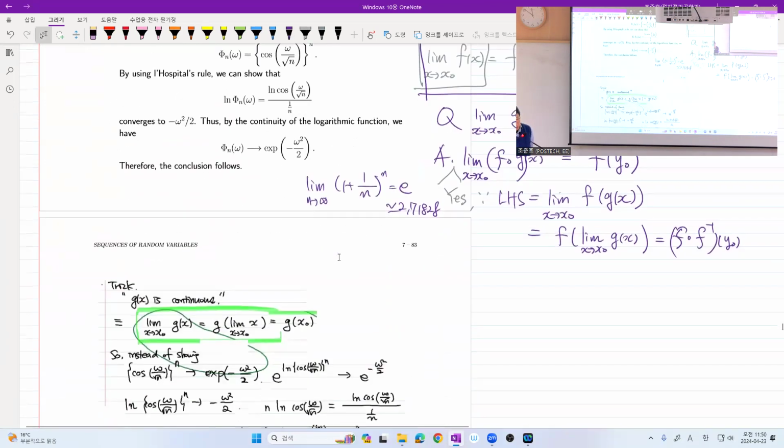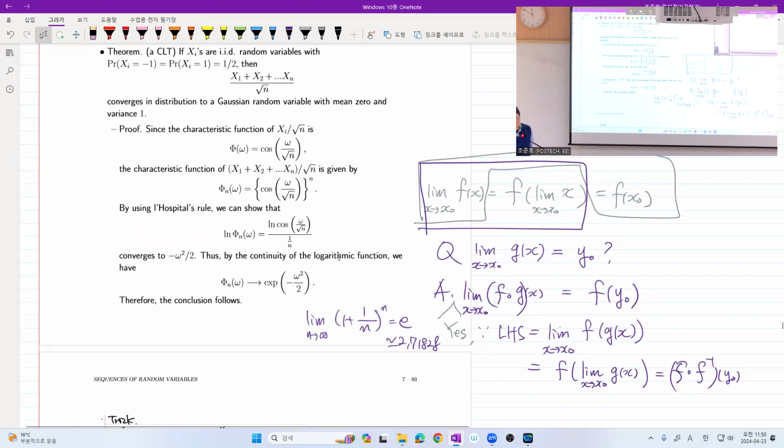Anyway, so you can show the approximate Gaussianity of this number.